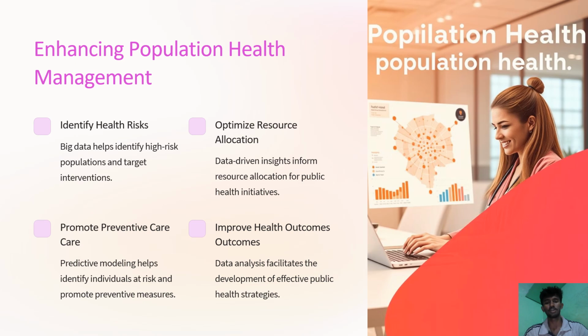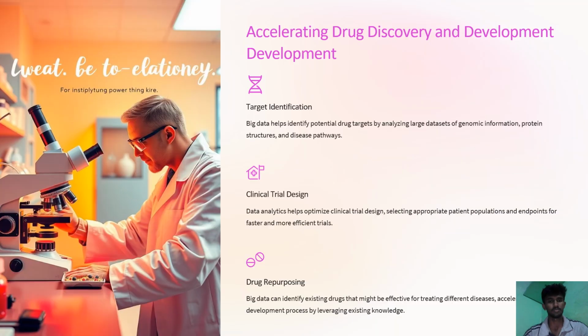Data-driven insights can inform resource allocation for public health activities. Predictive models help identify individuals at risk and promote preventive measures. And finally, data analysis facilitates the development of efficient public health strategies.